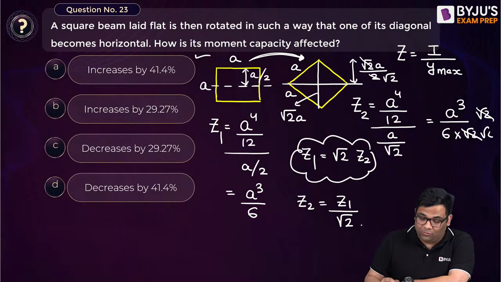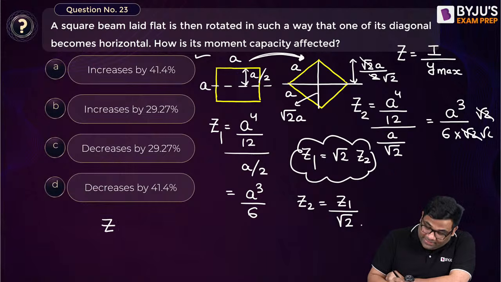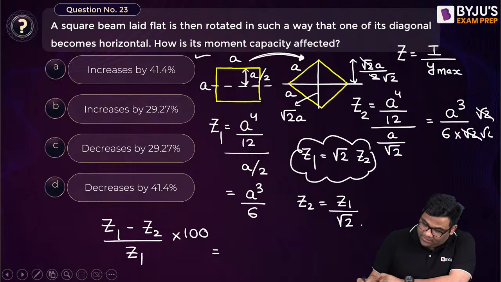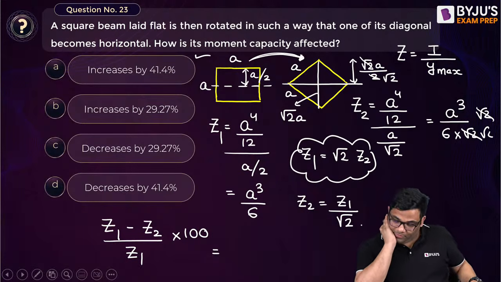So it has decreased means what? What is the decrease? Decrease is Z1 minus Z2 compared with Z1, into 100. So this is Z1. Or I can write down Z2 in terms of, wait, some mistake I am making.